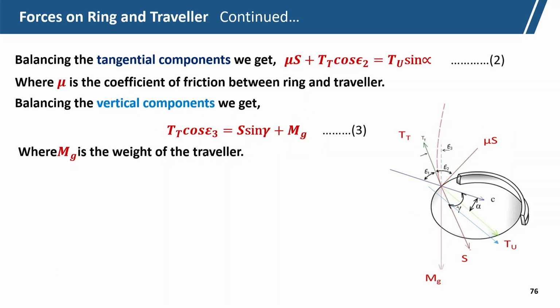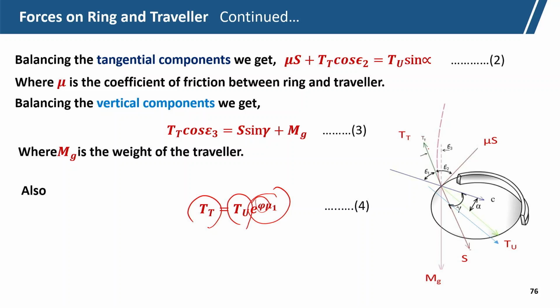Now, where mg is the weight of the traveller. Now, we can derive T t equal to T u e to the power phi mu 1.